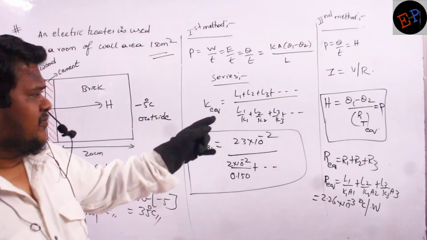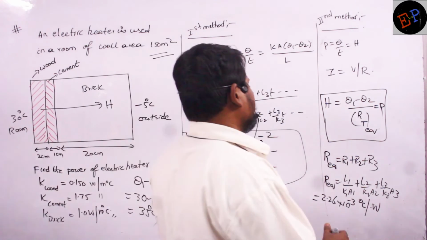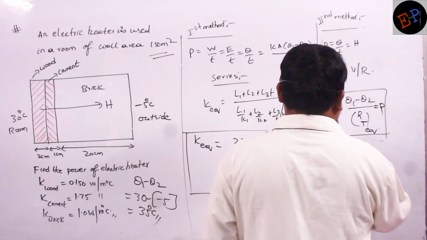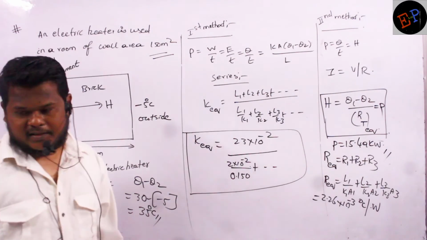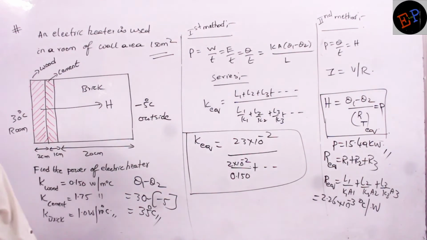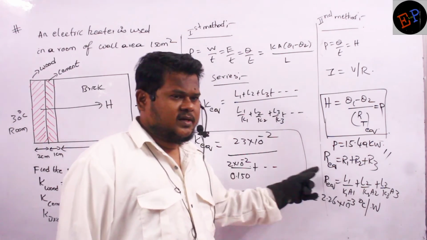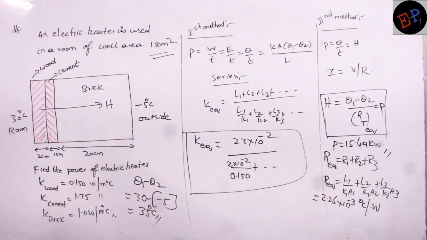And if you calculate the power, it should be 15.49 kilowatts. That is the answer which you should get. Kilo means 10 power minus 3. So be careful about the lengths. Lengths are given in the CGS system, in centimeter. Convert them into meters.